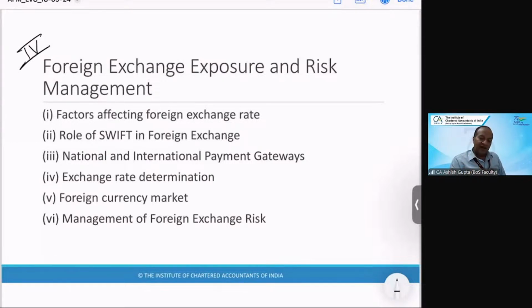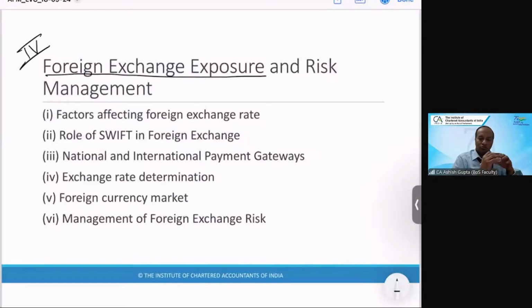In the financial management covered at intermediate level, our discussion was related to our domestic decisions, like where we have to invest. Now, when we cross the boundaries of the country, one risk comes into the picture, and that is called foreign exchange exposure.